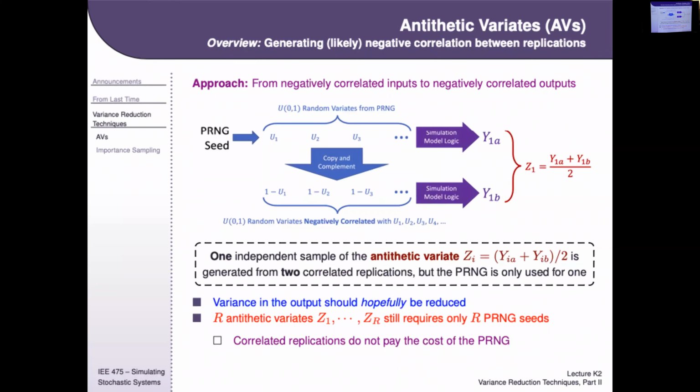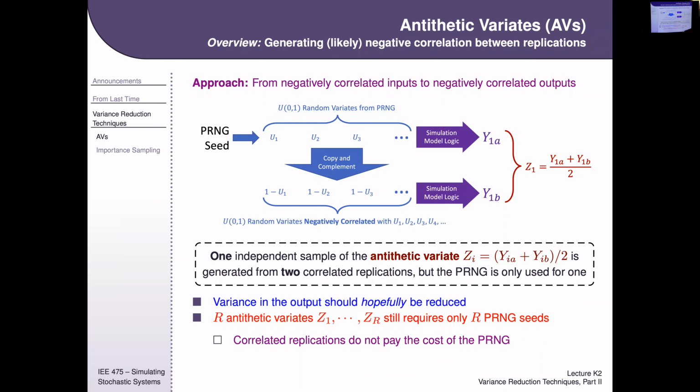After we do all of that, we get an output for replication one, and an output for replication two, which did not use a new draw. It used values that depended on the draws from replication one. We take the average of those two together, and that is our antithetic variate. The variance in the output should hopefully be reduced.